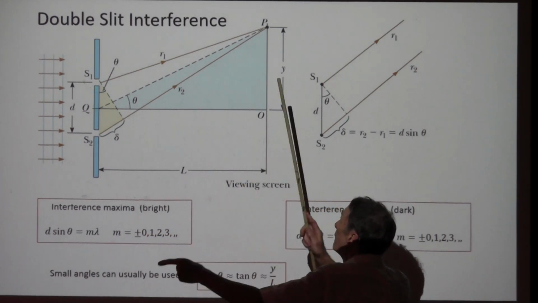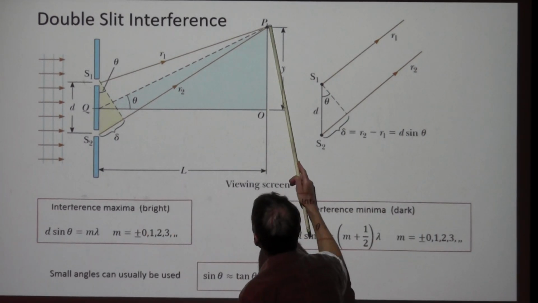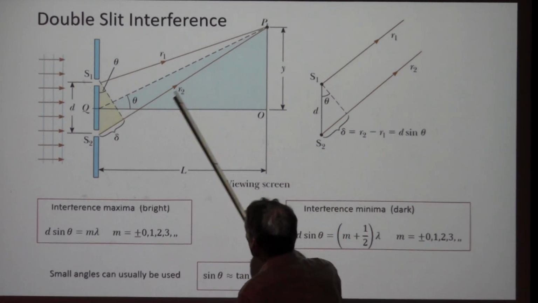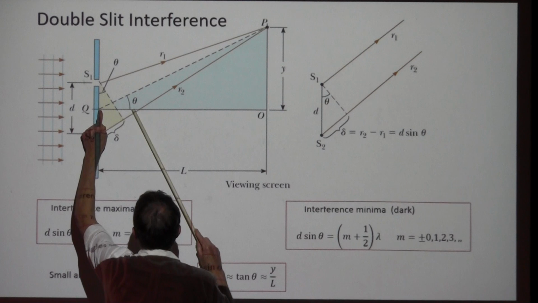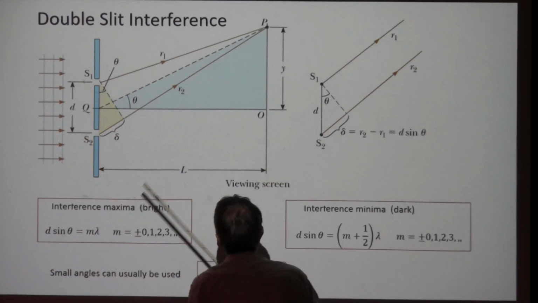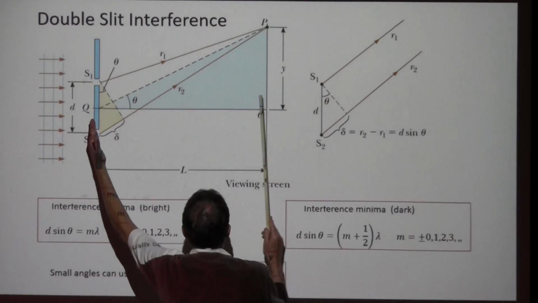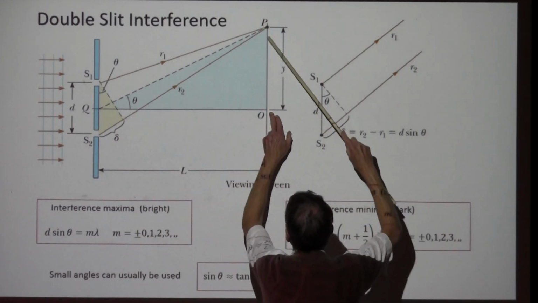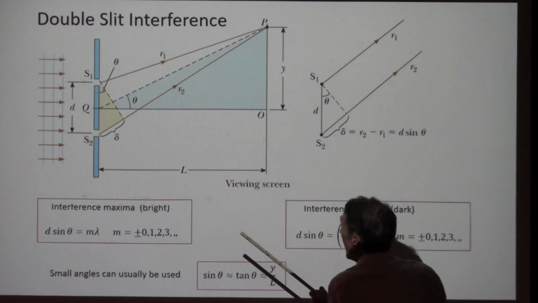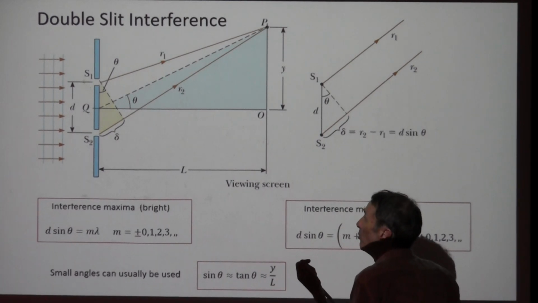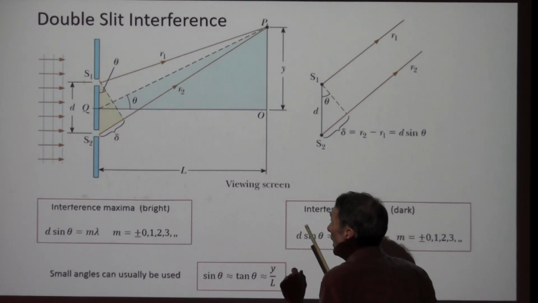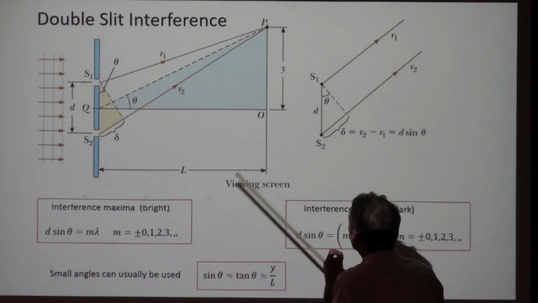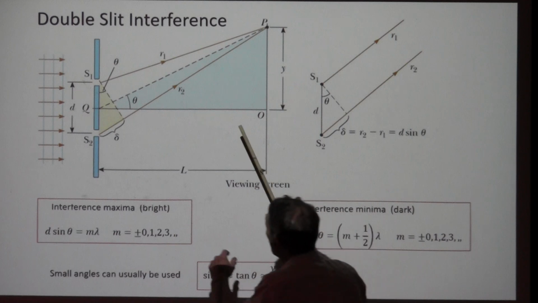Or are they out of phase and they're tending to cancel out? We're going to refer to this point on the screen as measured off at some angle theta out to that point. The screen is usually some distance L away, and the point is some distance y. We're going to be mostly dealing with small angles with this, so we'll look at this in a moment.